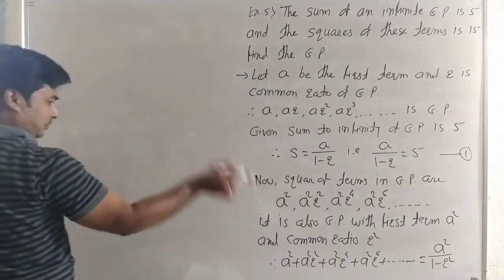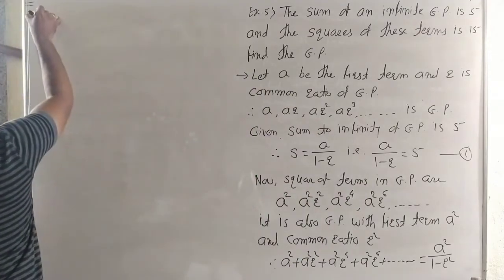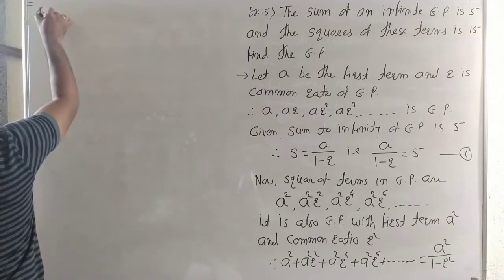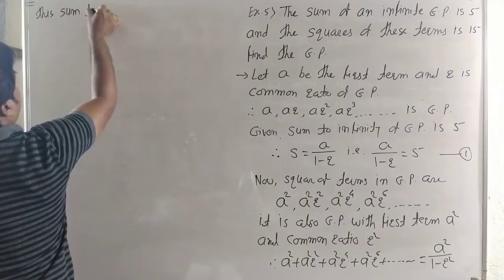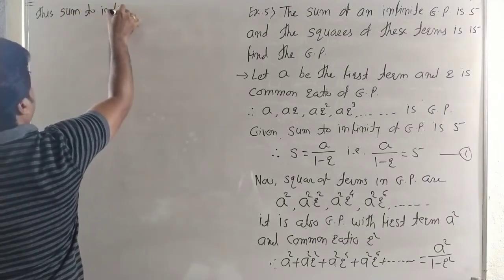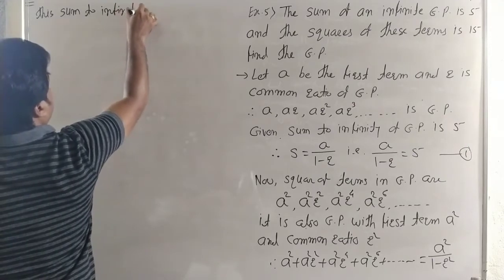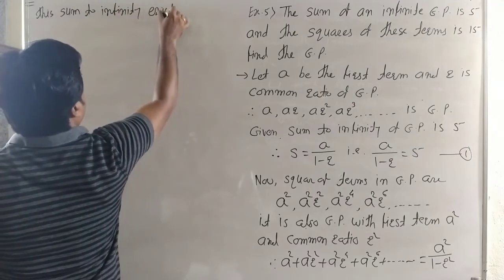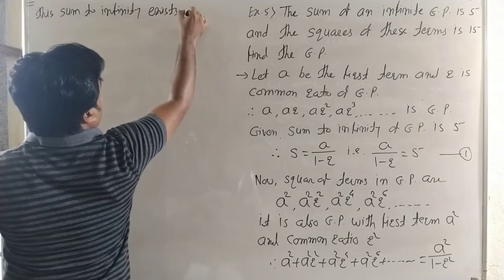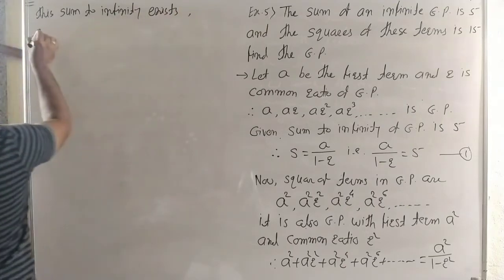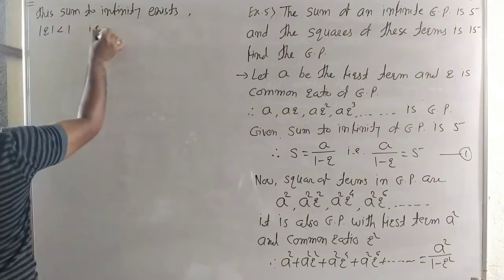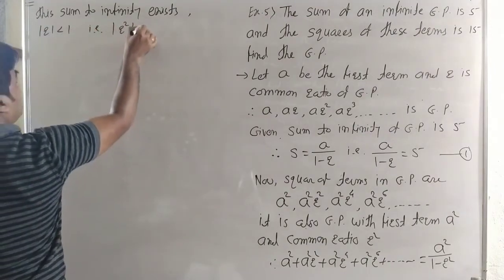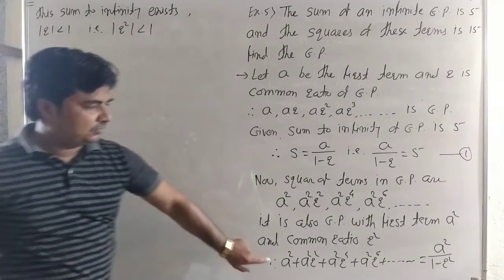Now here we can write this sum to infinity exists if mod r is less than 1, that is, mod of r square is also less than 1, okay.